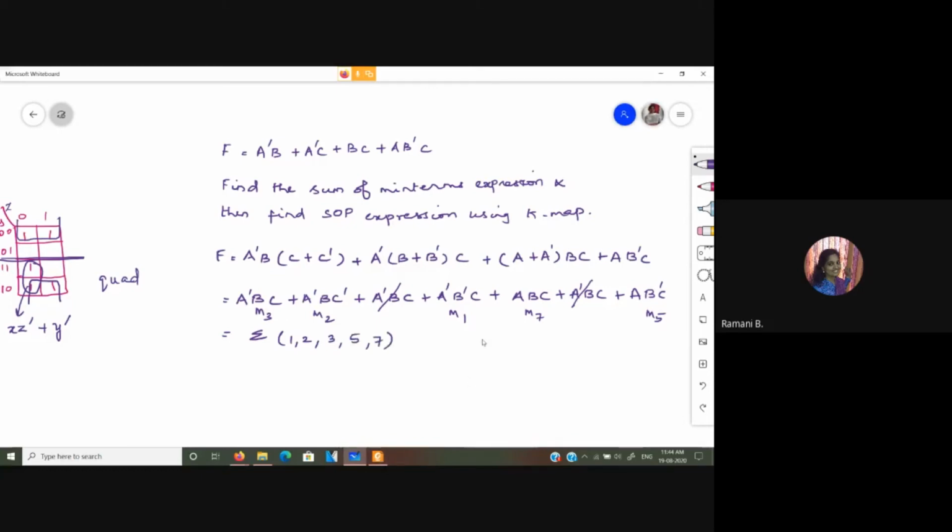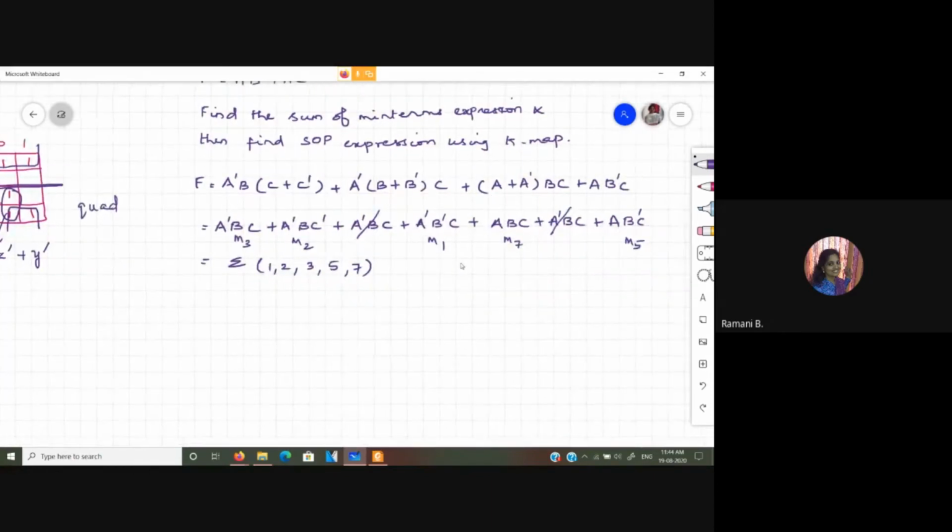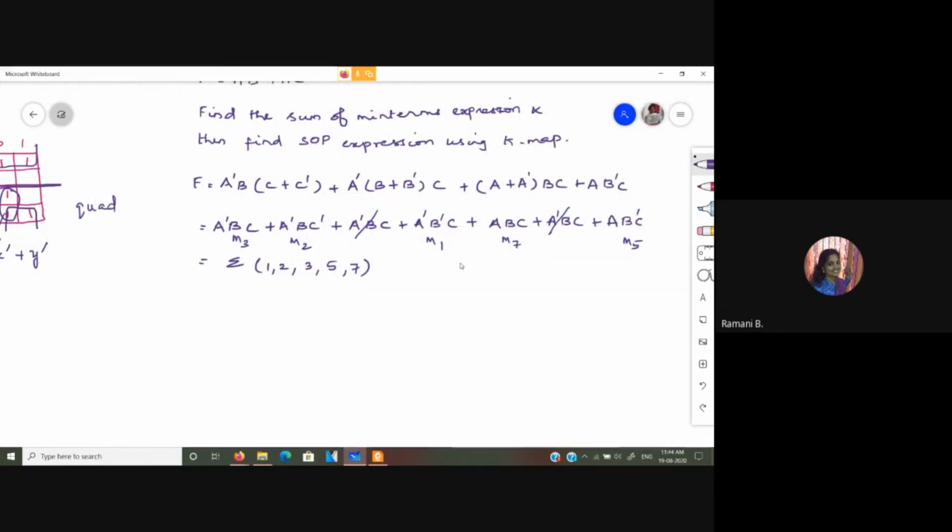Now we need to simplify this using K-map. So simplifying, you can follow any of the types of this K-map. It is up to your convenience. But just take care in representing the minterms in the corresponding squares, because marking the variable is also most important.